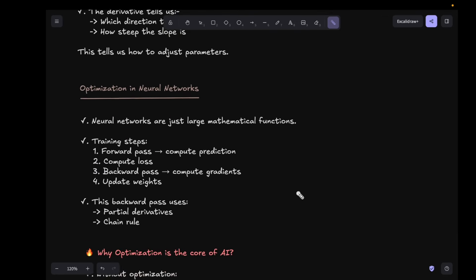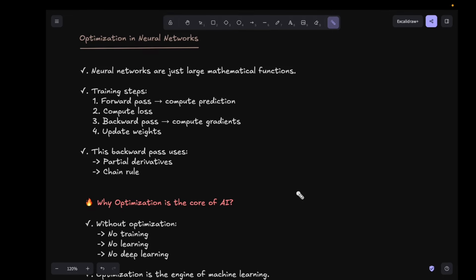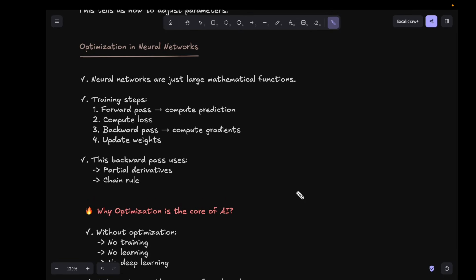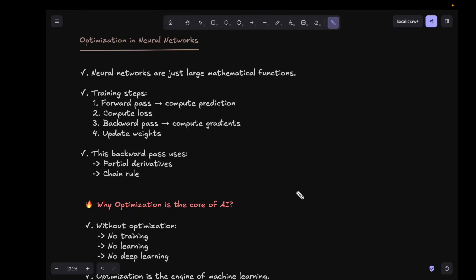Next we discuss how optimization is used in neural networks. Neural networks are just large mathematical functions.